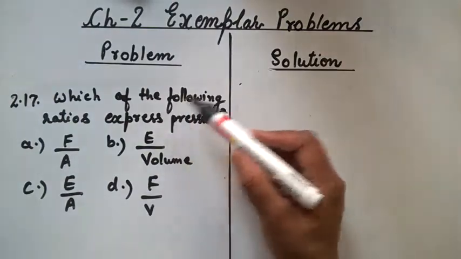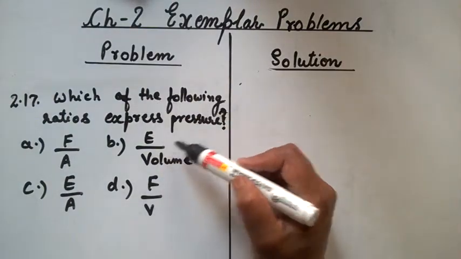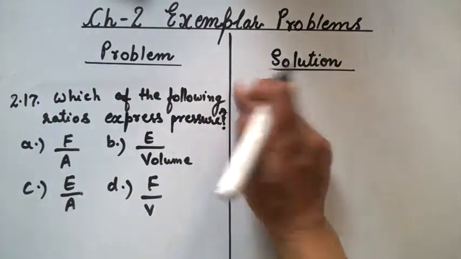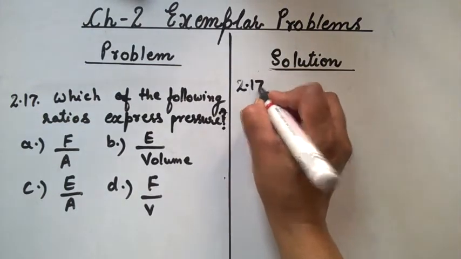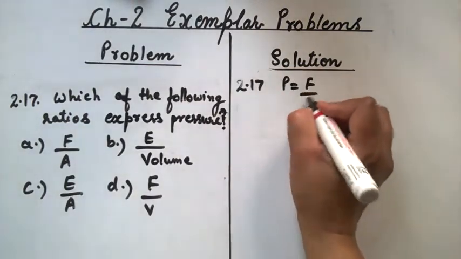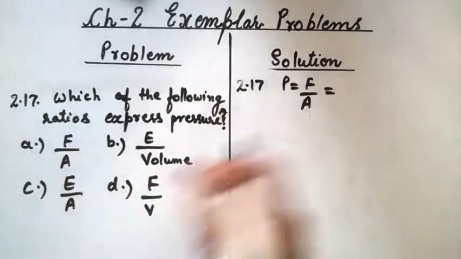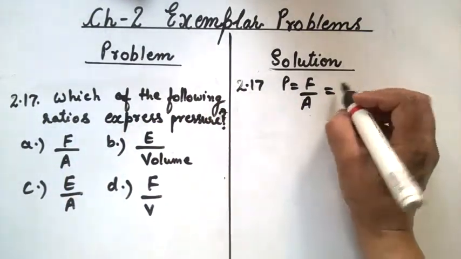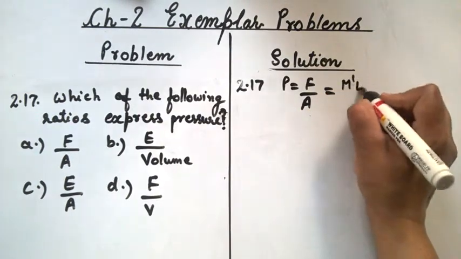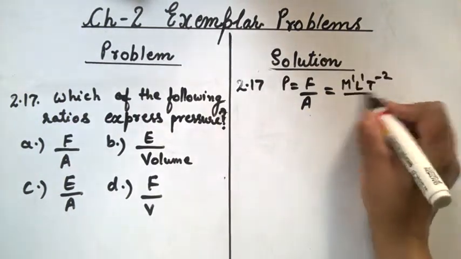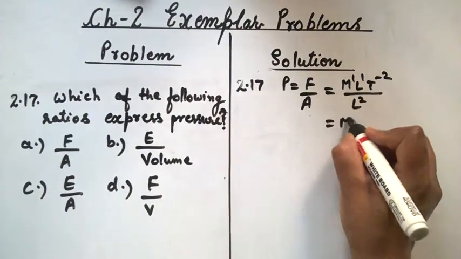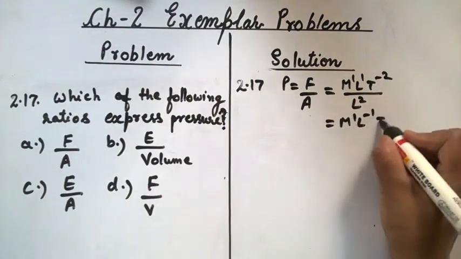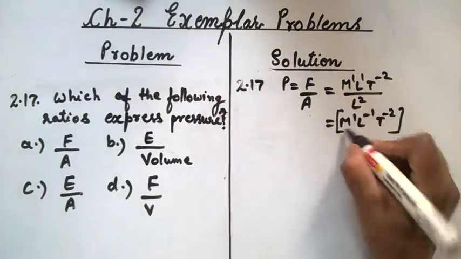Next problem is 2.17. Which of the following ratios express pressure? We know that pressure is given by force by area. So here we can see that the first is correct, it can express pressure, that is M1 L1 T minus 2 by L2. L minus 1 T minus 2 is the dimensional formula for pressure.